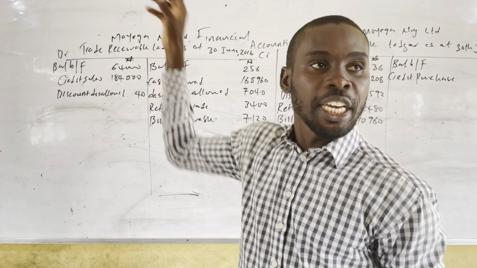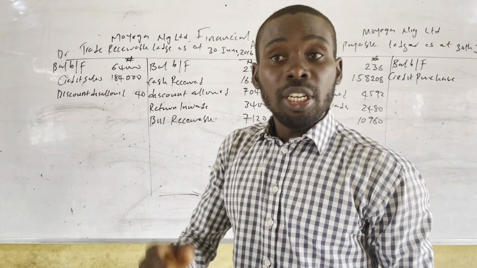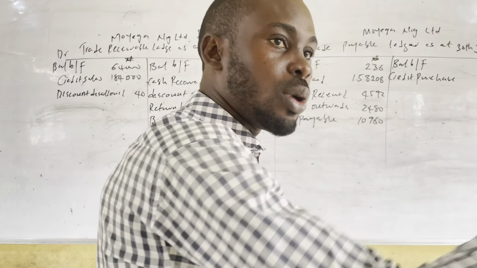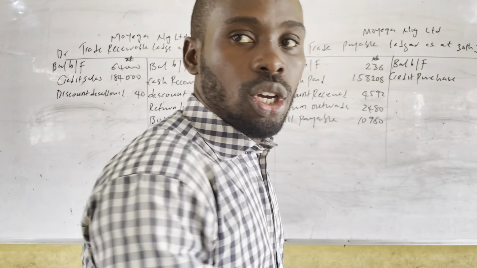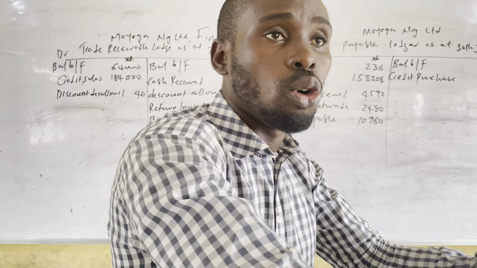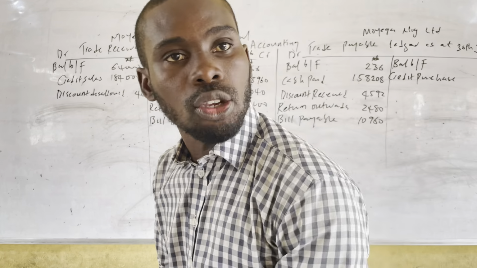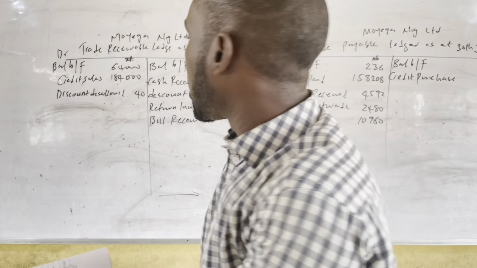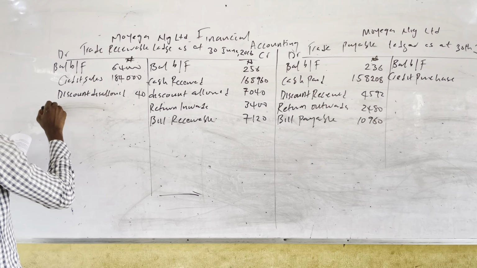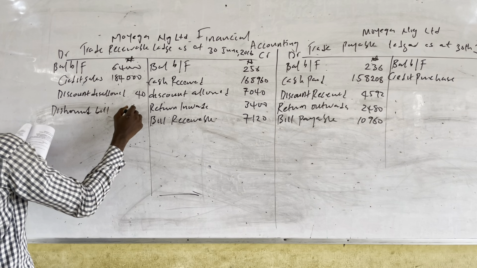You will use it to increase the customer's debt to the business. Because initially when the customer gave them a bill, in their book they had already written that the customer has already paid. The customer is no longer a debtor. But when they got to the bank, it was dishonored. So they will come back to say, oh God, you are still owing me. Am I making sense there? So that's the bill dishonored. How much is it?